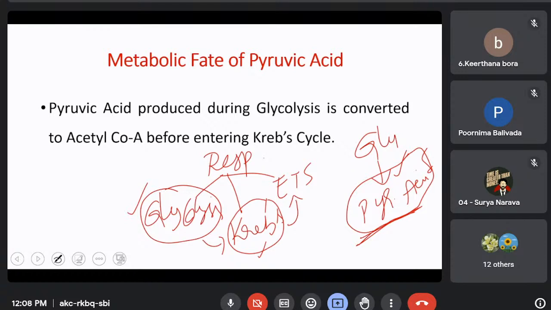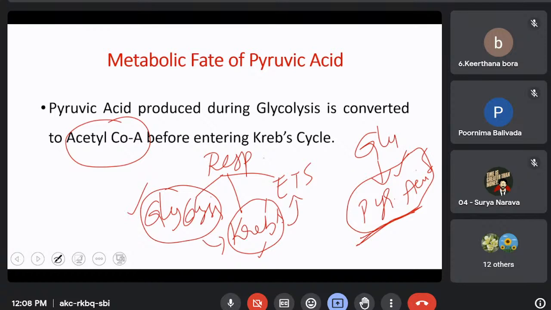In glycolysis the end product is pyruvic acid. Pyruvic acid cannot enter the mitochondrial matrix as it is, and it cannot participate in the form of pyruvic acid in the Krebs cycle reactions. First of all, it has to be converted to acetyl-CoA.